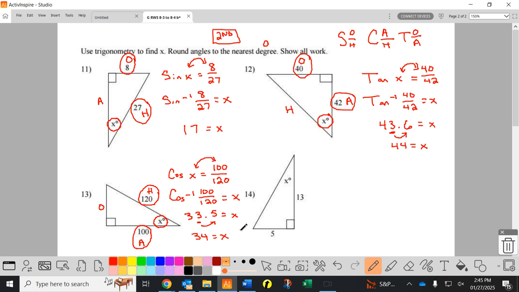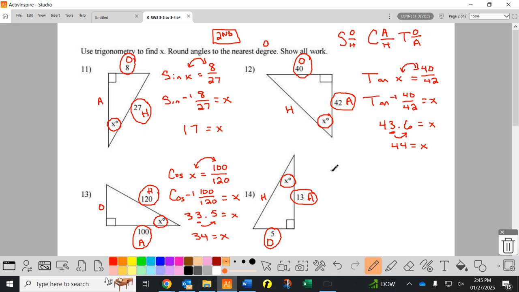Okay, our last one of these, this is the last angle we're finding. So for this one, we've got the angle x right here. The 5 is opposite of that. Across from the right angle is going to be your hypotenuse. The 13 is the last one. That's going to be your adjacent side. So when you're doing this, you've got a number on the opposite and on the adjacent. If you're doing opposite and adjacent, you're going to be dealing with tangent.